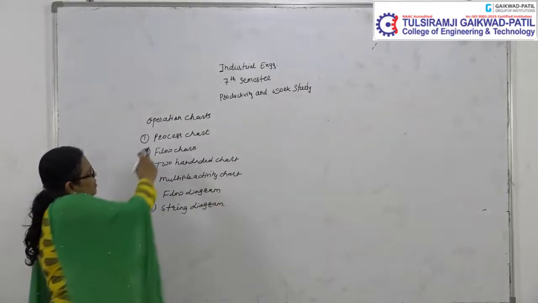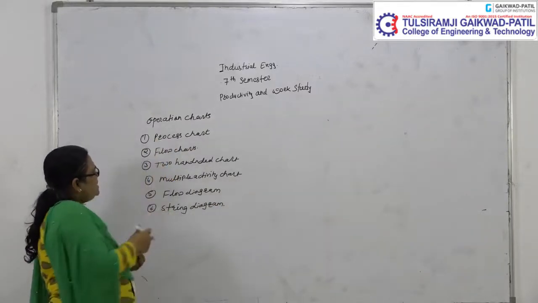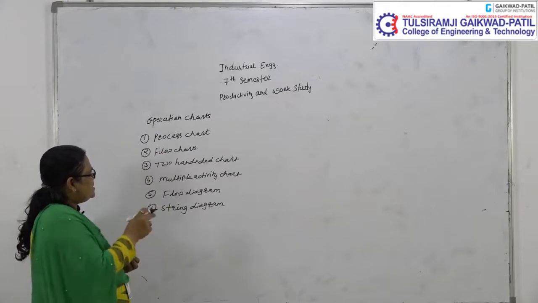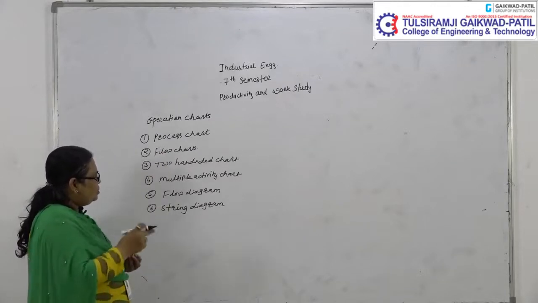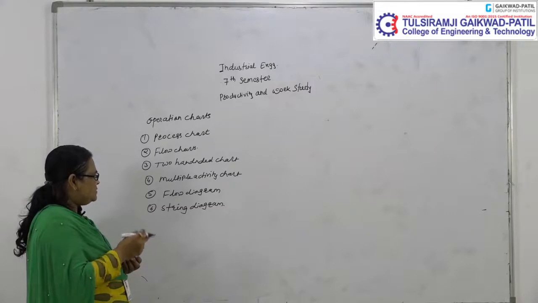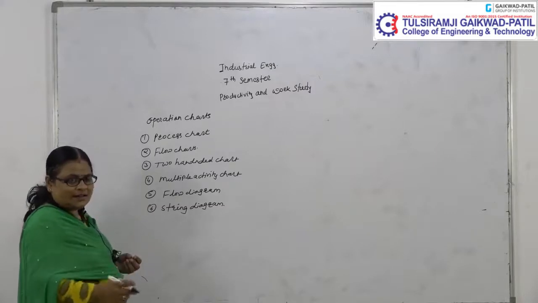So these operation charts can be divided into these 6 categories: process chart, flow process chart, two-handed charts, multiple activity charts, flow diagrams and string diagrams.